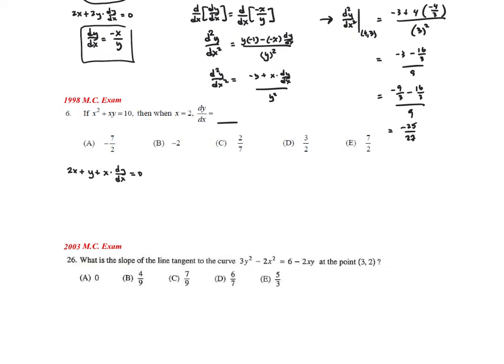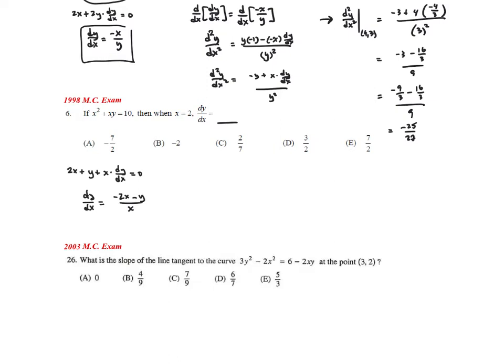Okay, I used the product rule on xy. That gave me y plus x dy dx. And I'm going to isolate dy dx, subtracting 2x and y and dividing by x. So dy dx is equal to negative 2x minus y all over x.